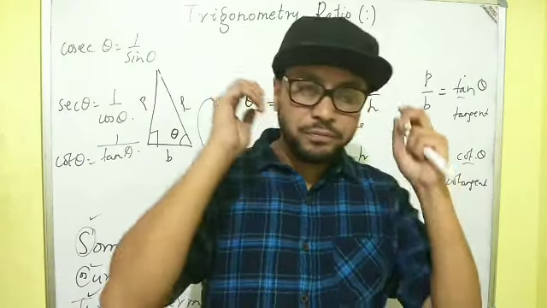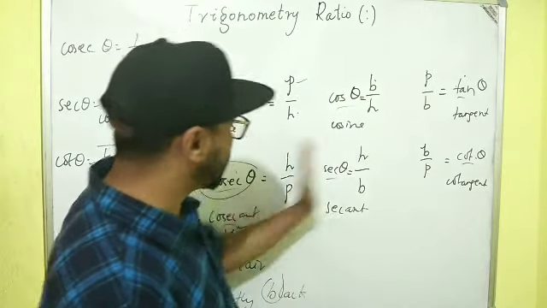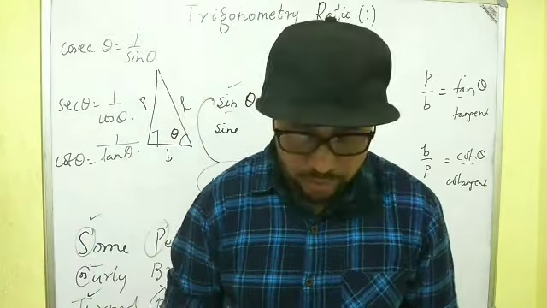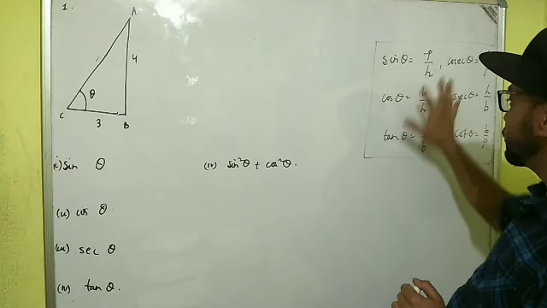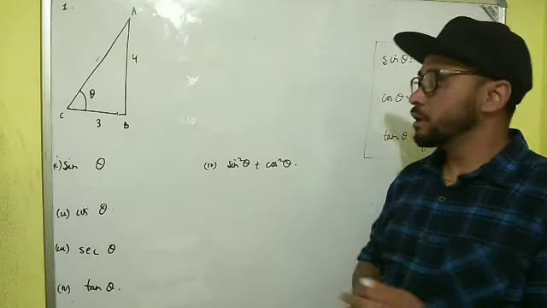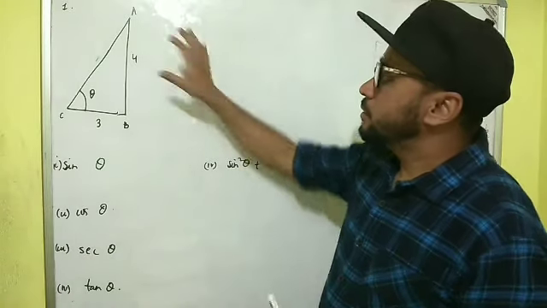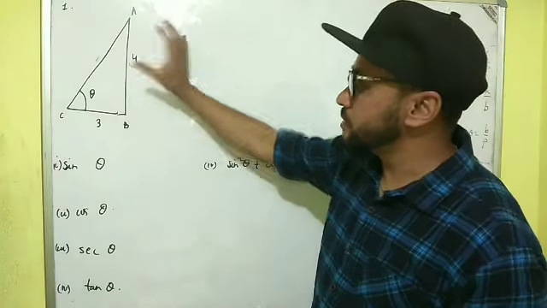Now by using these trigonometric ratios, let's try to solve some examples. Before this, please copy these trigonometric ratios, so that we'll be using them to solve everything related to this exercise. The question says a figure is given.